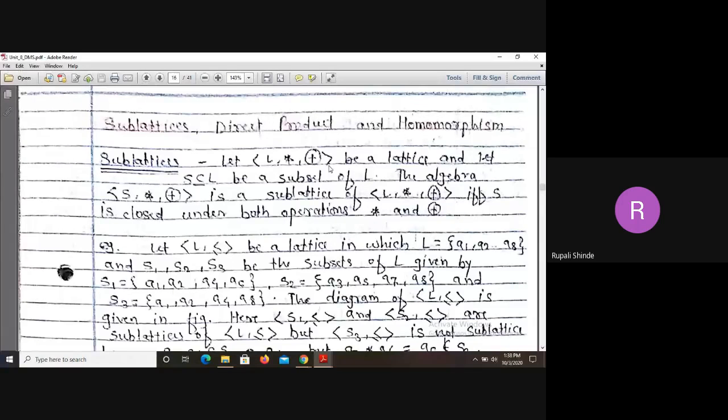First, S should be a subset of L. Second, S should be closed under operations star and XOR. Then only we can say that S star XOR is a sublattice of L star XOR.